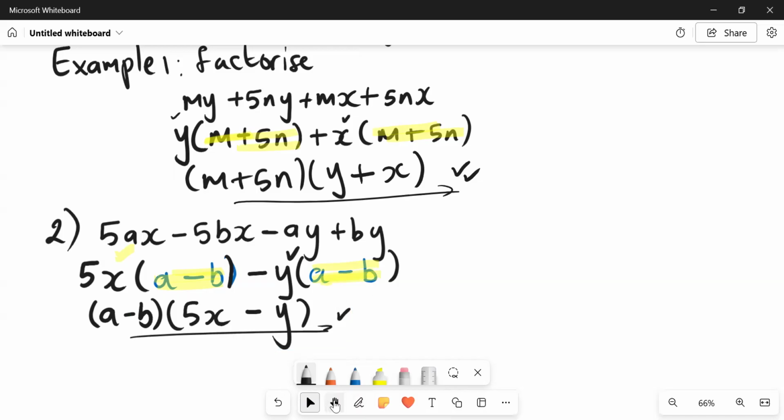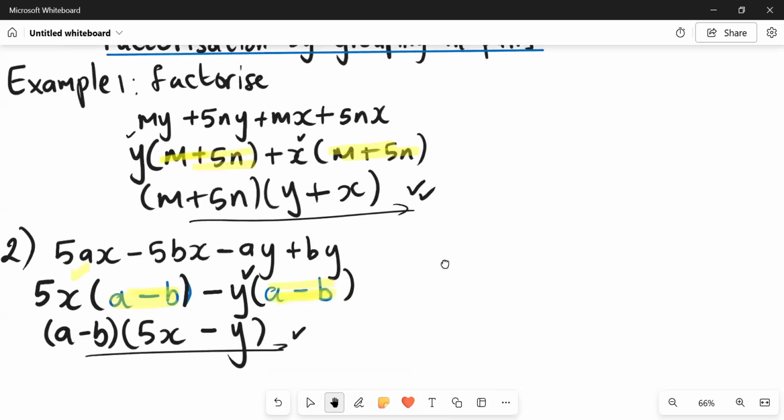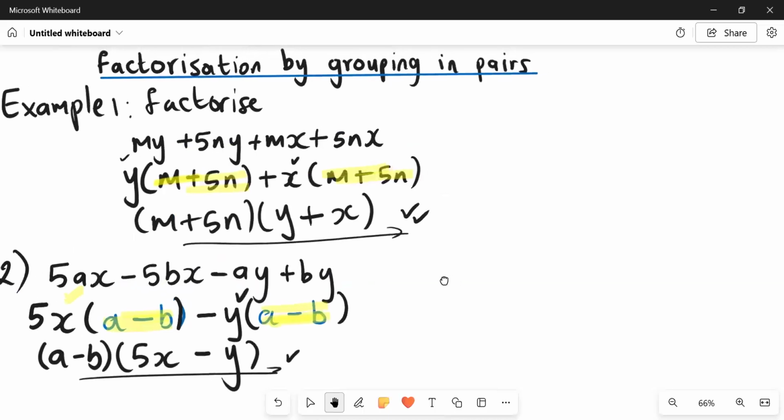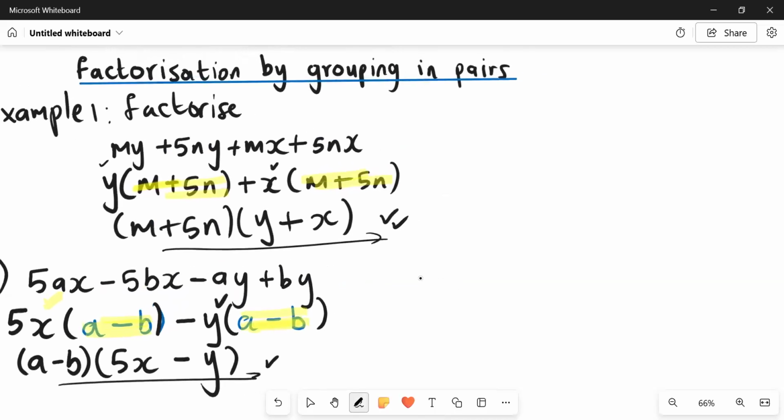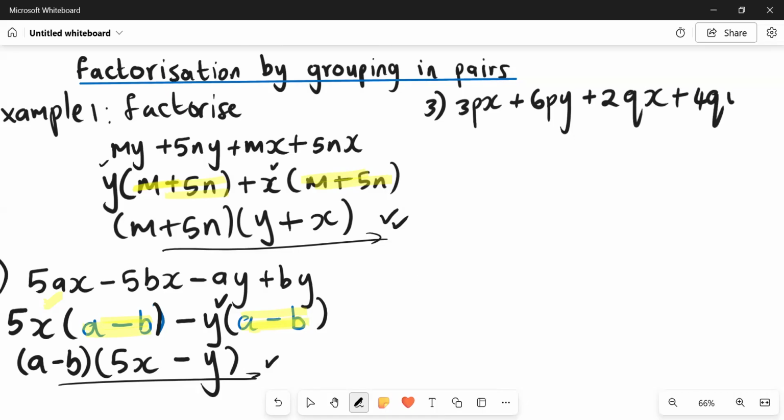Right? Now let's move to example number 3. So for example number 3, we're still factorizing, but now they're giving us 3px plus 6py plus 2qx plus 4qy.